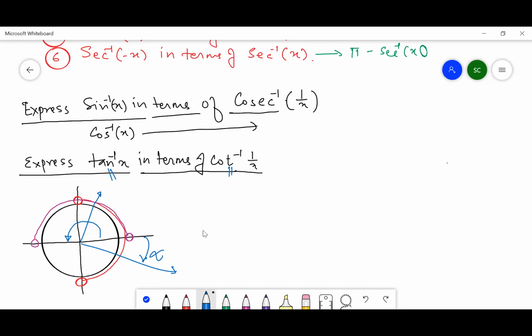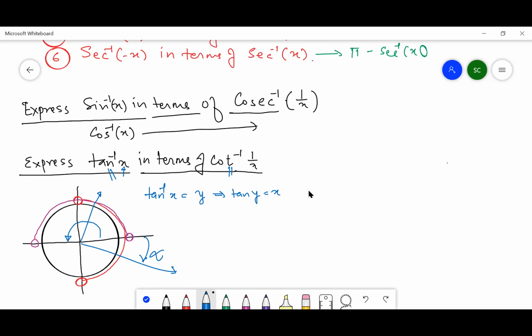So we have understood the difficult situation in terms of angles. In terms of the value of x, we should be understanding now. Suppose tan inverse of x is equal to y, then tan of y is equal to x. So tan of this y angle is x, and we are fine if the y angle is in the first quadrant.